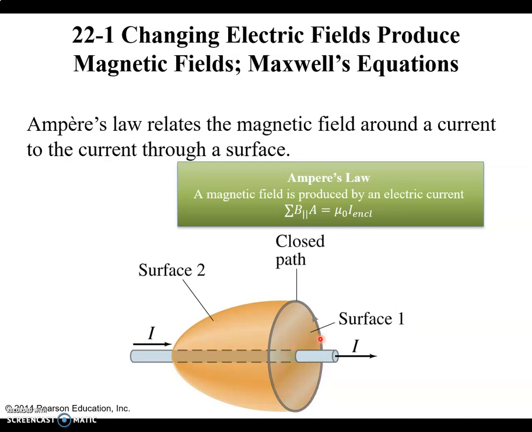Surface 1 here is the surface we've seen earlier. Just a simple circle looped around a wire. But I can change the look of that surface to be more like a bowl, where this would be the edge of the bowl, but the surface would come down around here. Think of this like a bowl. Now, this would involve some more calculus, but the math turns out the exact same and you get exactly the same result.